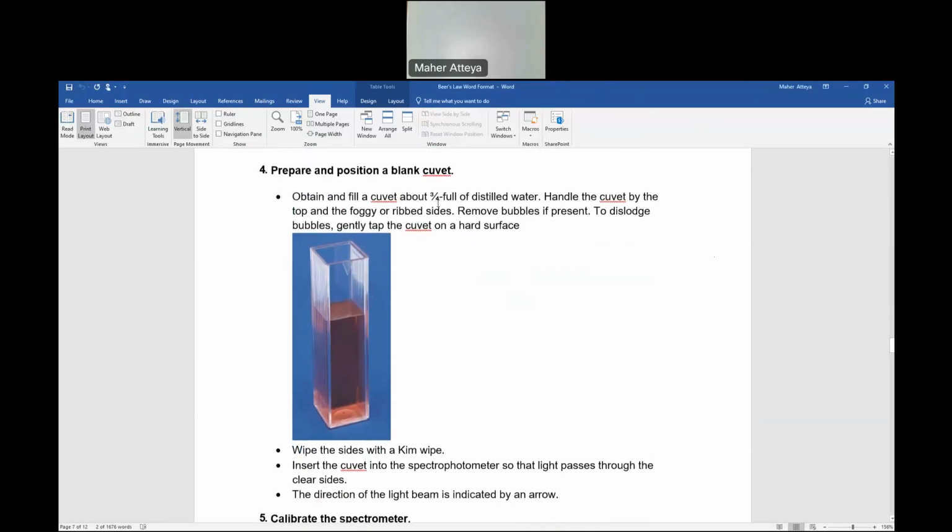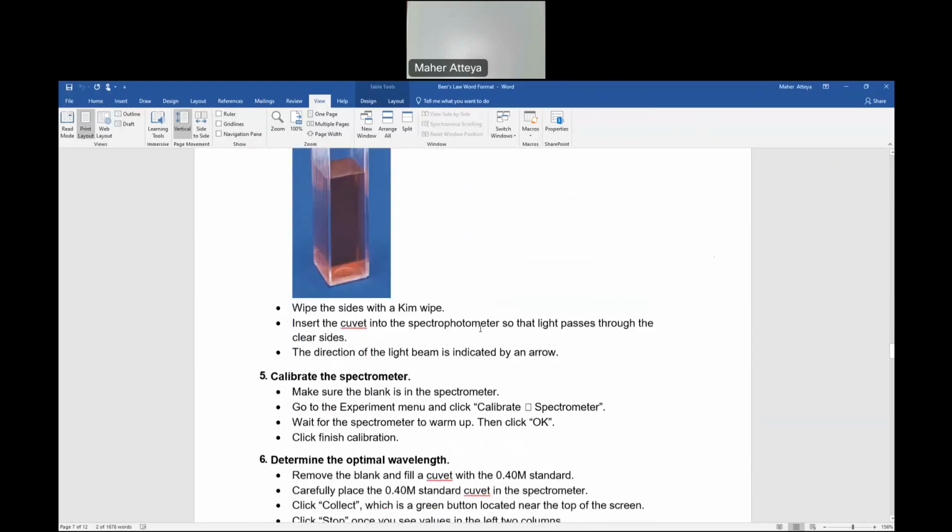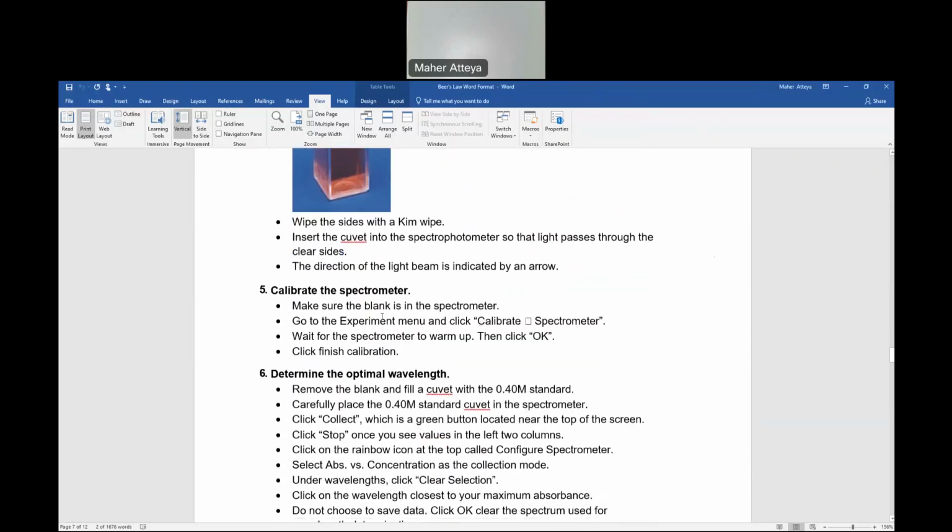cuvette? The spelling of cuvette might be wrong, but it's okay. So here is the serious one.